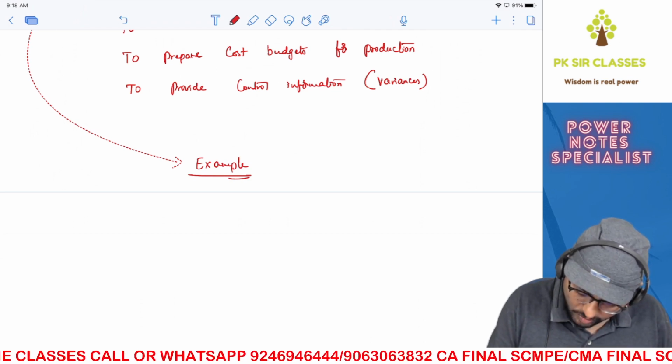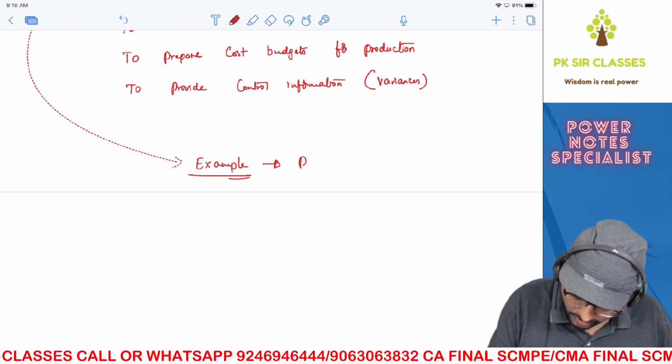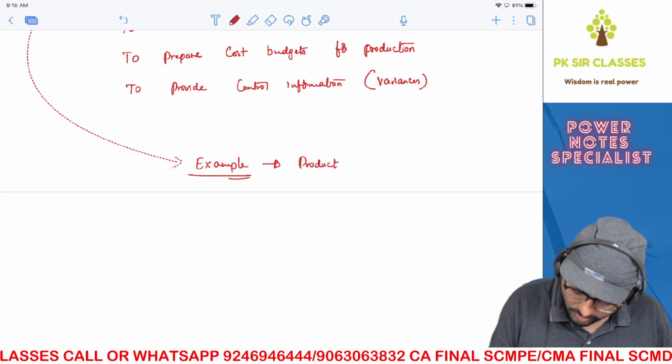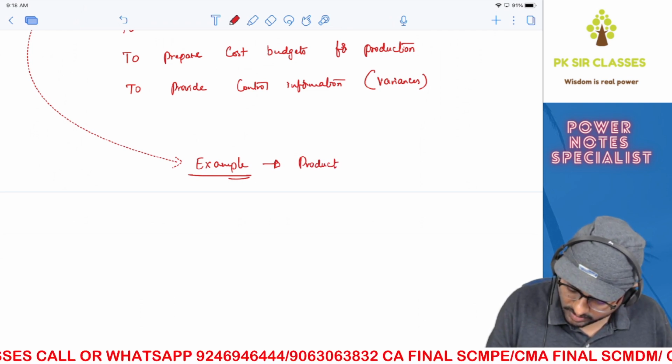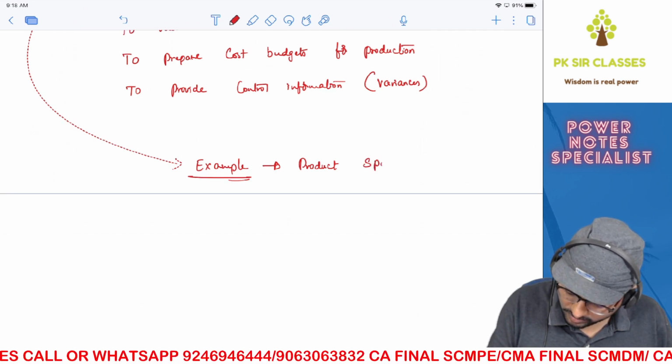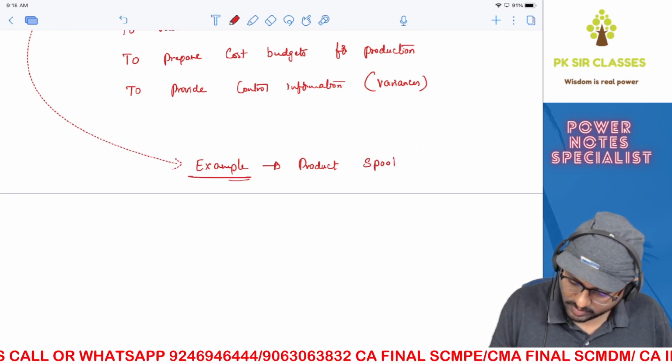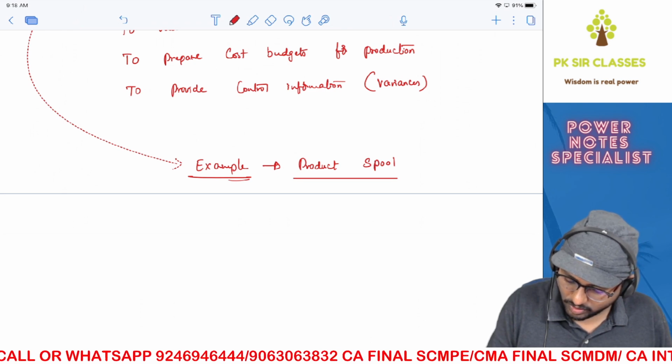Okay, in this example, what we're gonna do is that we're gonna take a product called spool. Let's say there is something called product spool.